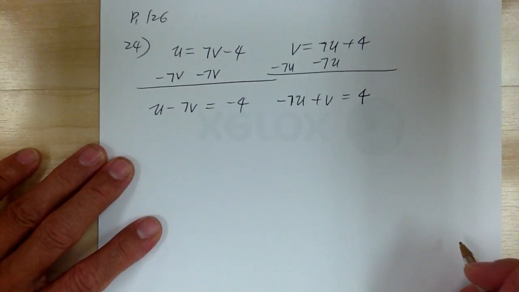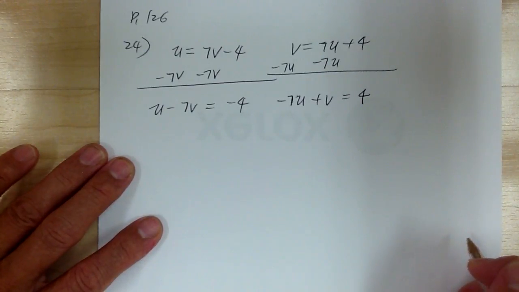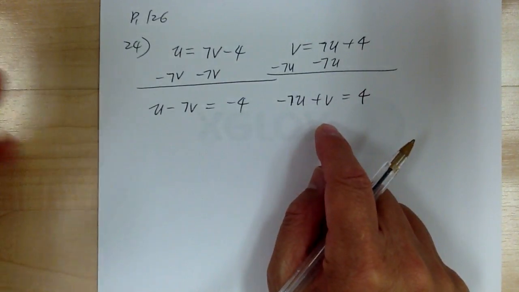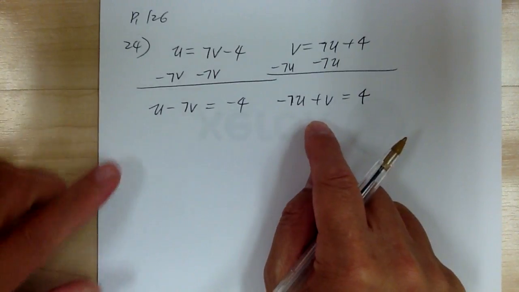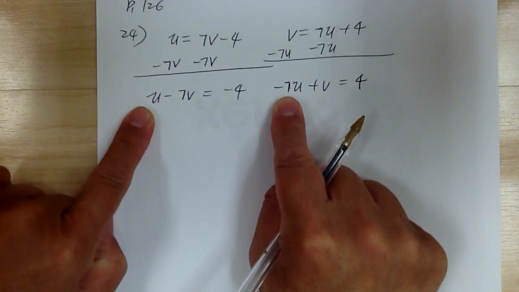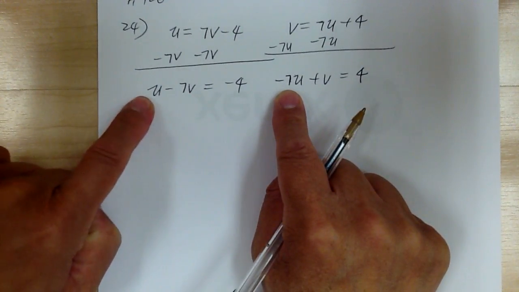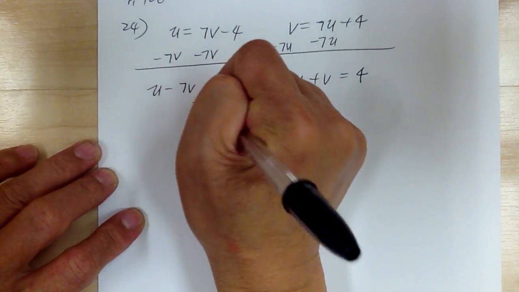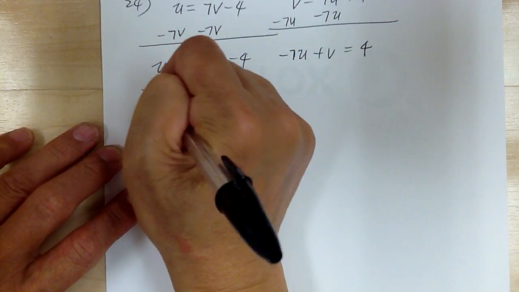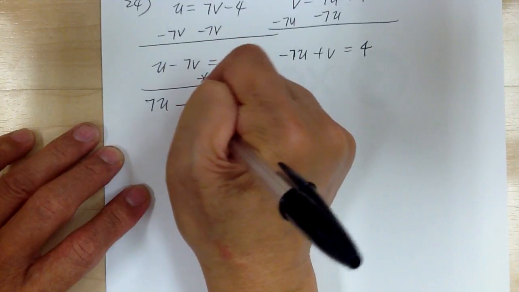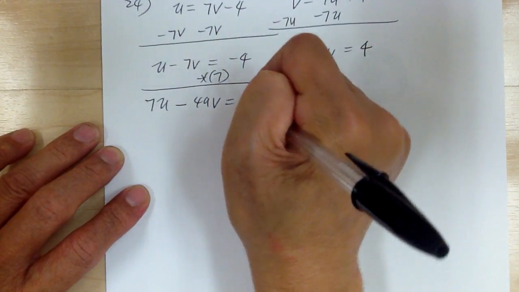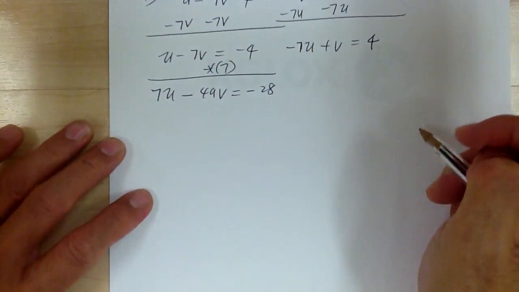Okay, the next step is I'm going to try to do the elimination method. In this case, both u and v are kind of a tie. So I'm going to just do u. I'm going to make the u opposite. So I need to multiply this by 7. So I get 7u minus 49v equal to negative 28.